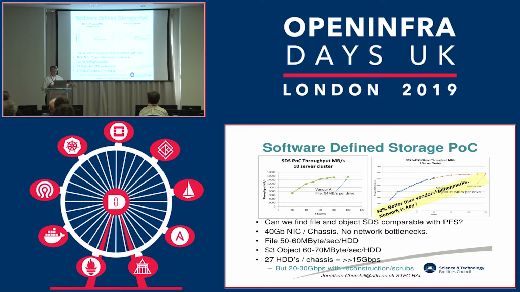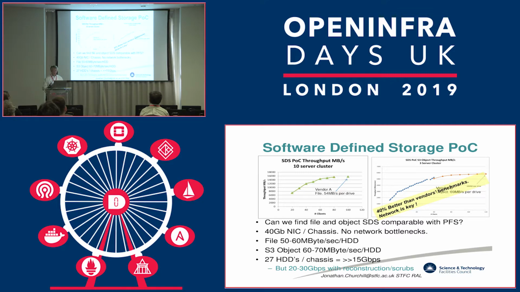The cluster, which you may have noticed on the previous page, had a 40 gig NIC on every single node, because what we were trying to find out was what the software could do, not what the networking could do. So when you're spinning up these 15 gigabits a second, that proves that you definitely need a 40 gigabit network.